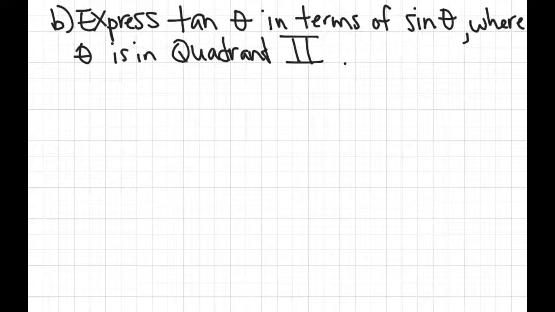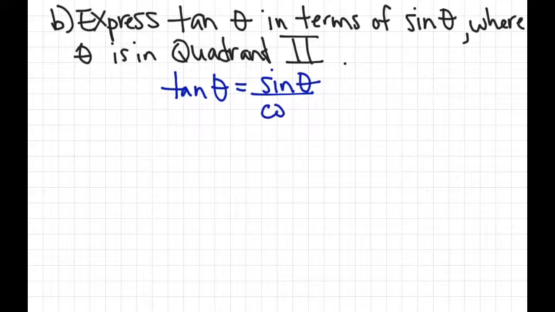In part B, I want to express the tangent of theta in terms of sine theta, where theta is in quadrant 2. That means I want tangent theta to equal something that only has sines in it. Well, if you start with this equation for tangent, the numerator already has a sine.